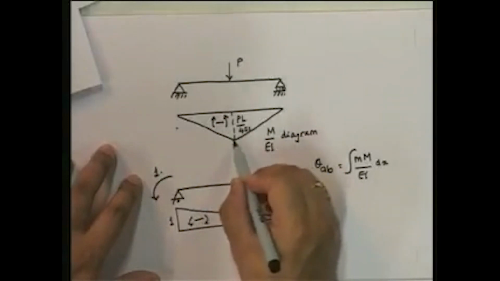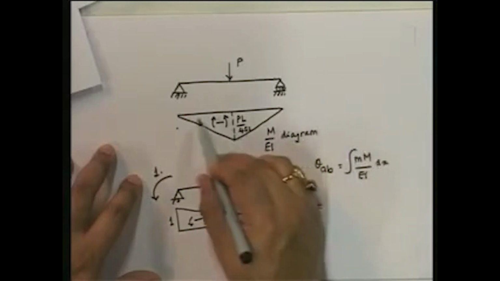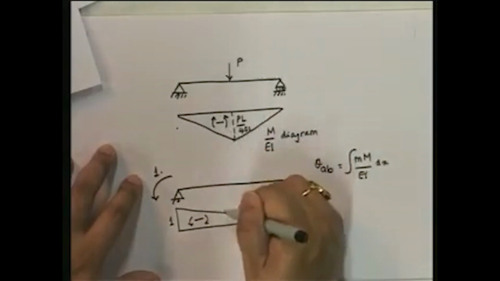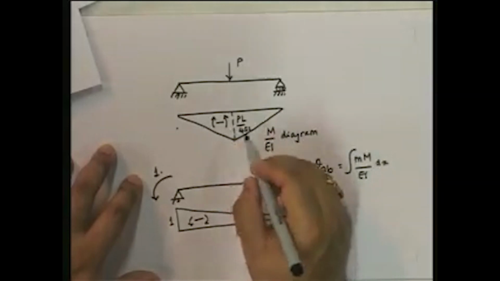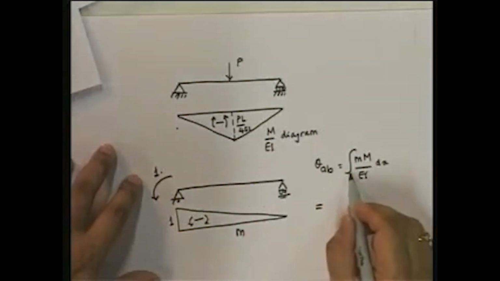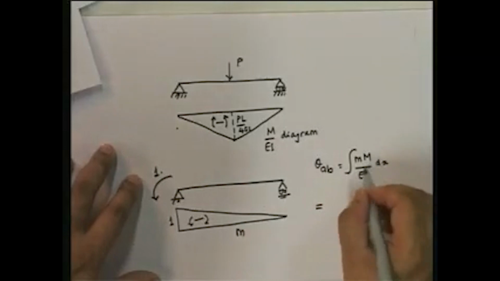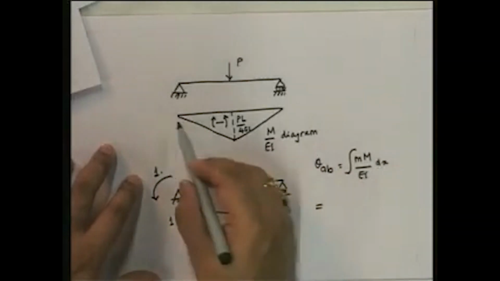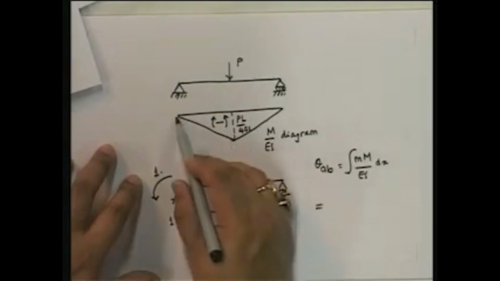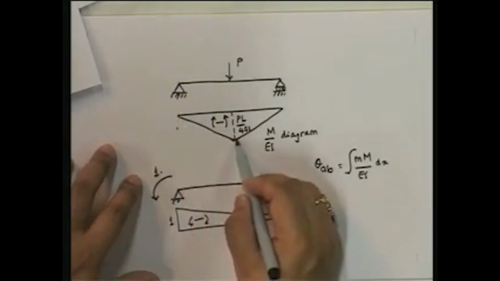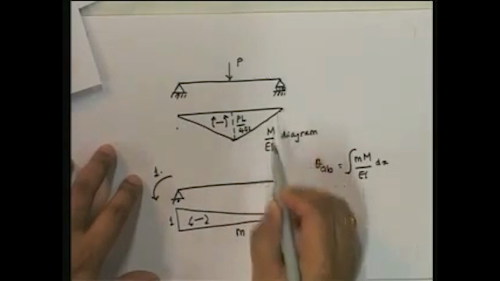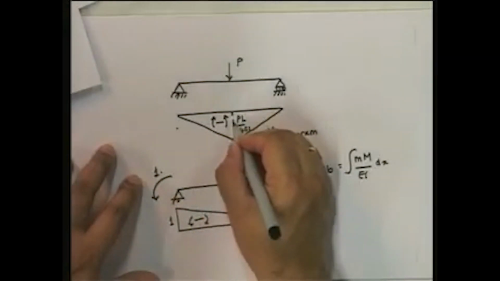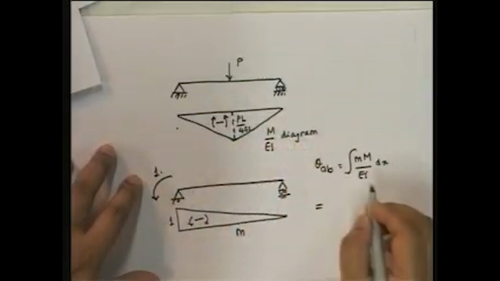Although you will say that you can take this entire thing, find the area under this curve and draw its centroid, since I know where the centroid is, note that these integrals are always valid only where the expression is the same. In this particular case, the expression from here to here is different from the expression from here to here, so you have to take two integrals. And for each integral, you need to find the area under the curve.